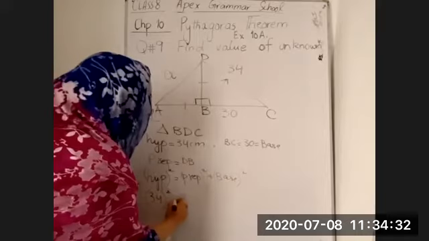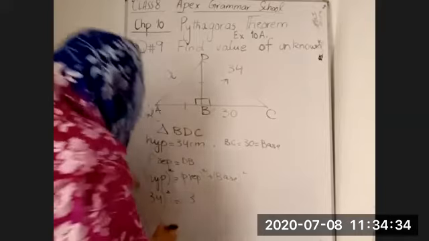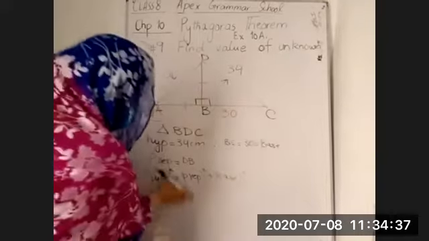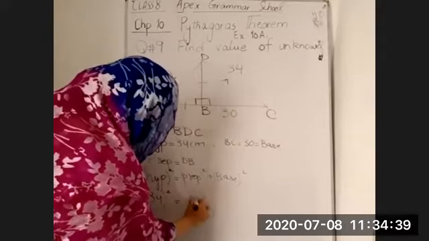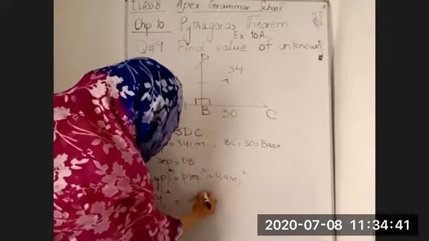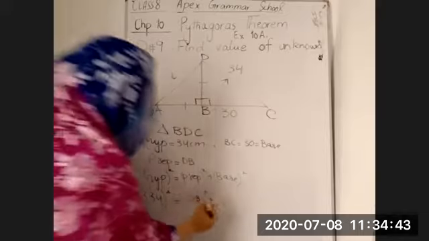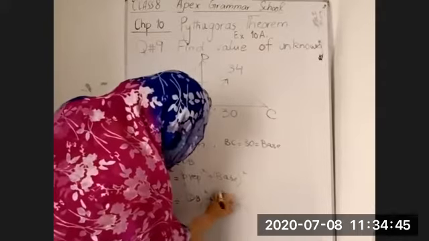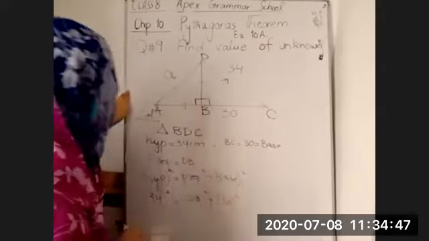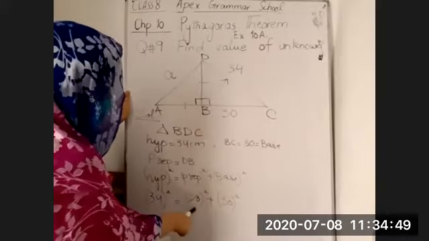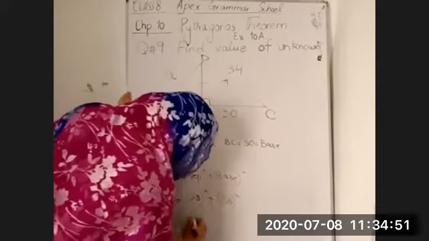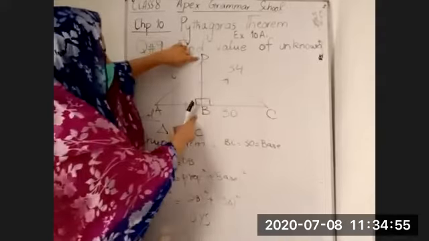So 34 square is equal to your perpendicular, which is our DB, so DB square, plus our base is 30, so 30 square. Now you have to find the value of DB from this by yourself. You will find the value of DB.